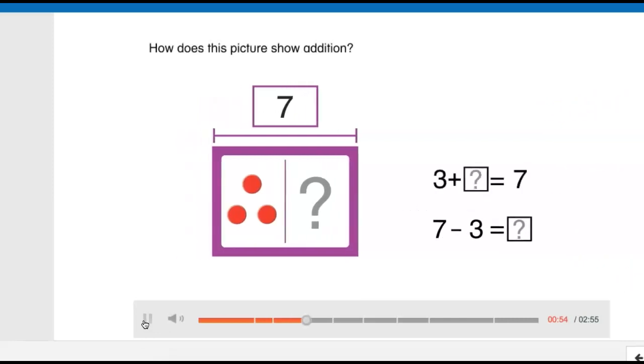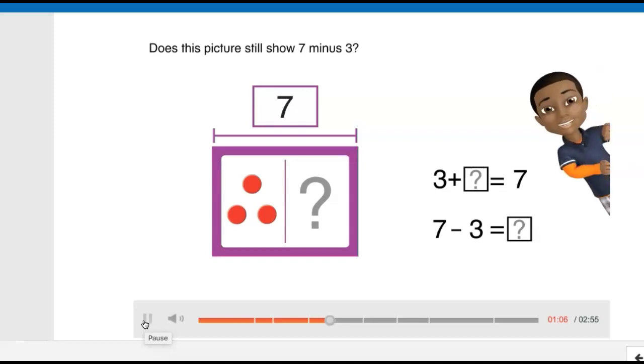How does this picture show addition? It shows 3 plus a missing part equals 7. Does this picture still show 7 minus 3?